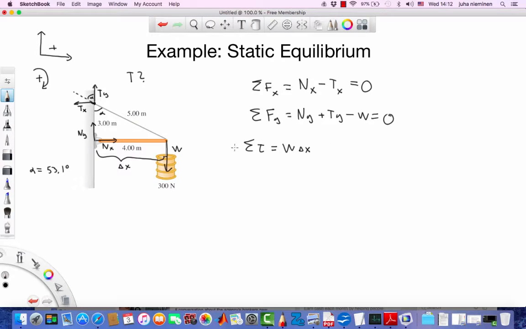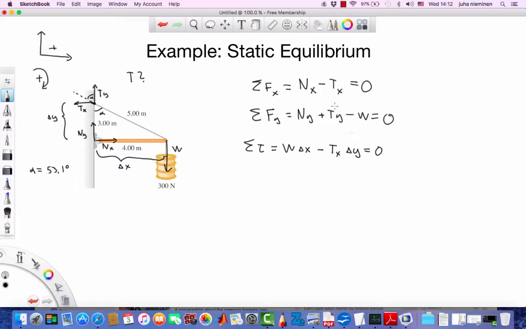Then another torque is from tx. Let's call this delta y. That's in the counterclockwise direction, so it must be negative. So minus tx times delta y, and that's also 0.